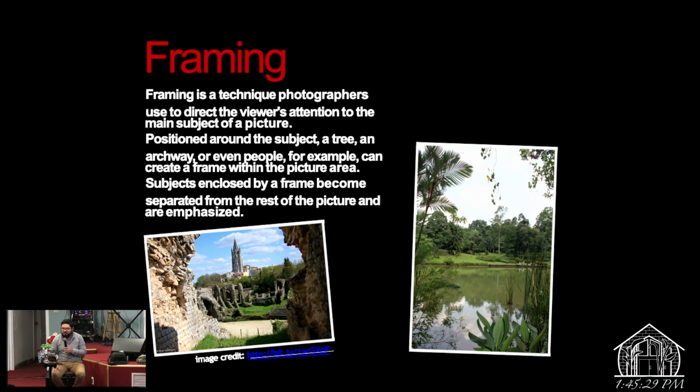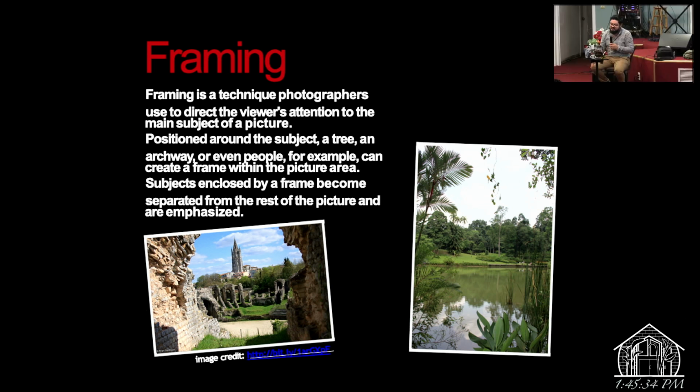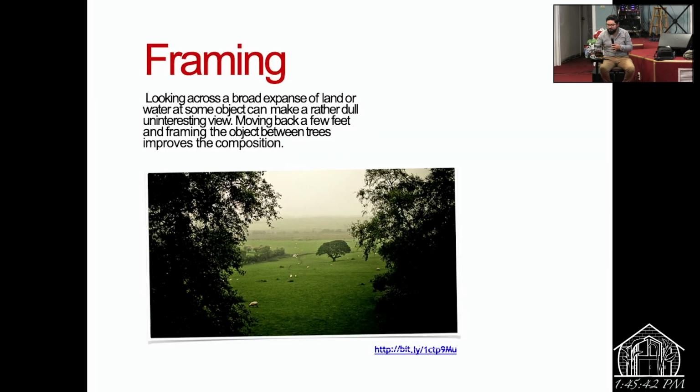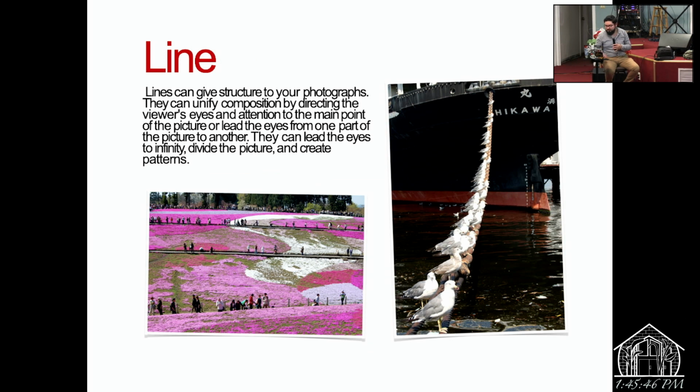Framing is a technique that photographers use to direct viewers' attention to a main subject. So framing is basically you're like, I want this thing to be the center of the picture. I want this to be the focal point. We'll skip that. So basically the same thing. So lines.